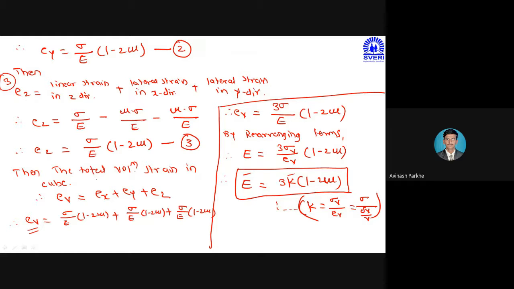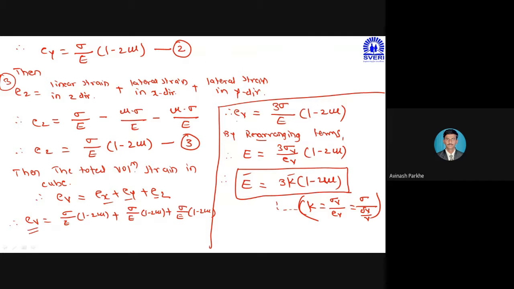Total volumetric strain in the cube means strain induced in x direction plus strain induced in y direction plus strain induced in z direction. Whatever the values of epsilon x, epsilon y, epsilon z we have calculated, we have added. At the end of the addition, we get 3 sigma upon E, and then to derive our final equation we have rearranged the terms.